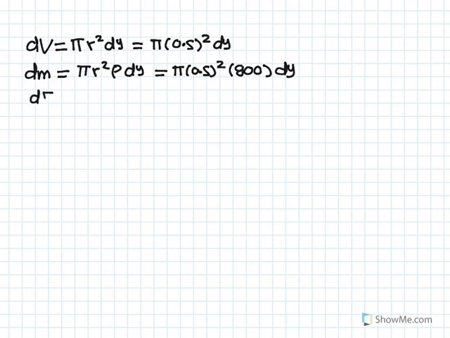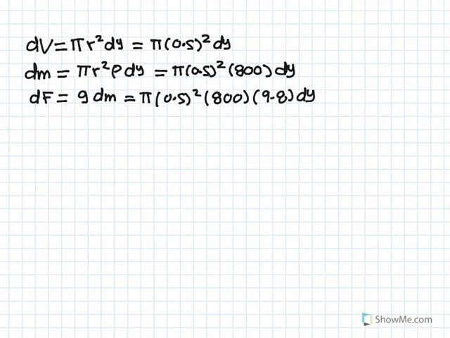The differential force, dF, is equal to g times dm. So that's pi times radius squared times density, 800, times gravity, 9.8, times dy. This is essentially the force needed to overcome gravity acting on the mass of oil in this thin circular slice.